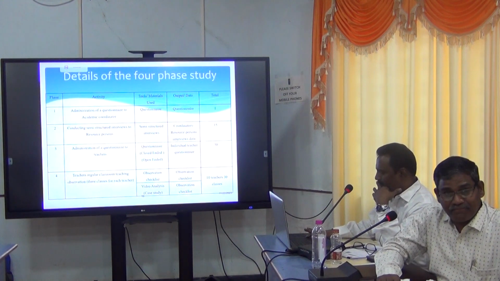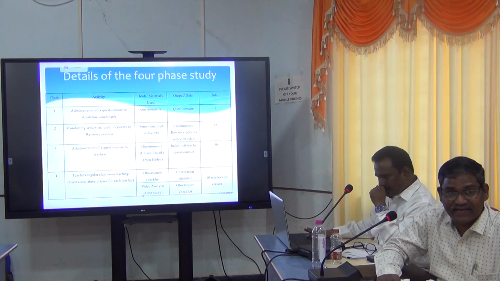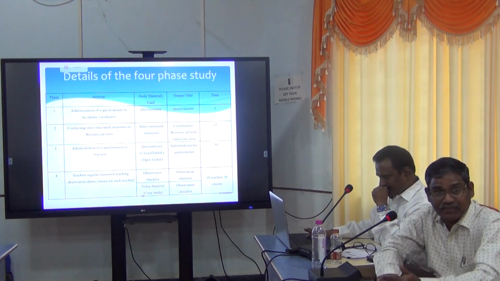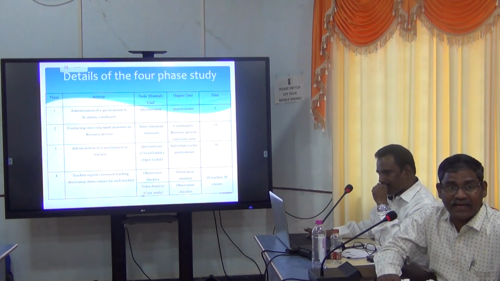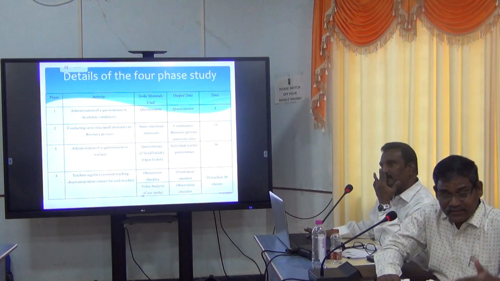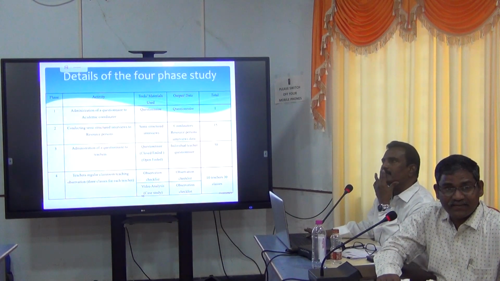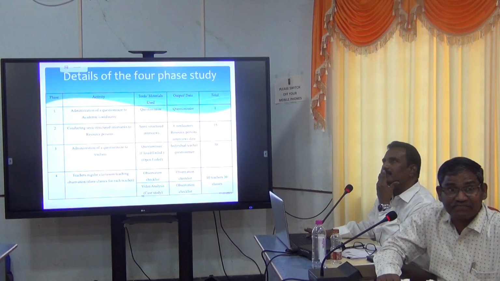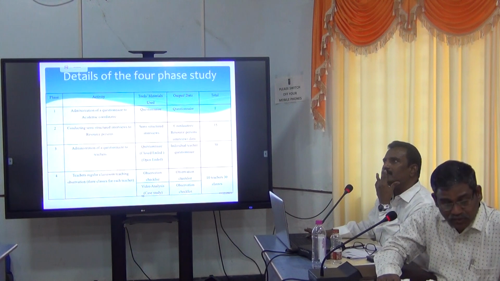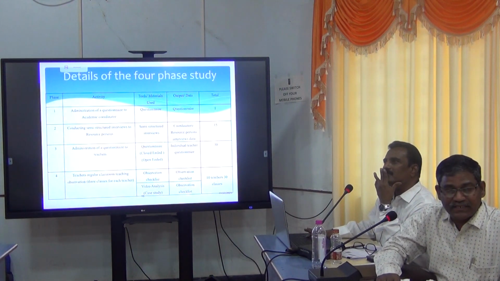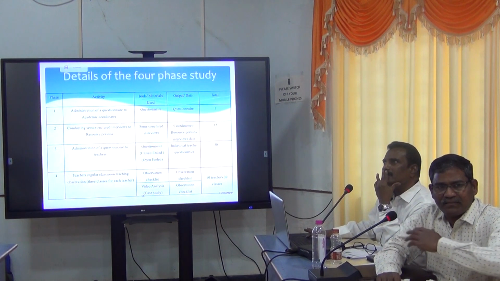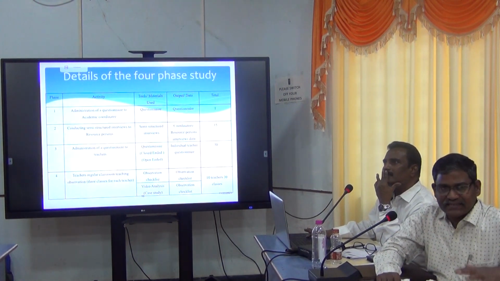If she is admitted, she gets 1500 rupees prenatal. Postnatal, if she is admitted in the hospital, she gets another 1500 rupees. If she is not admitted, she will not get it. So there the scheme is not successful, because Mangalore Taluk, or Mangalore district, has hill areas.